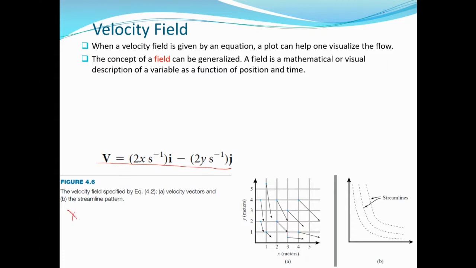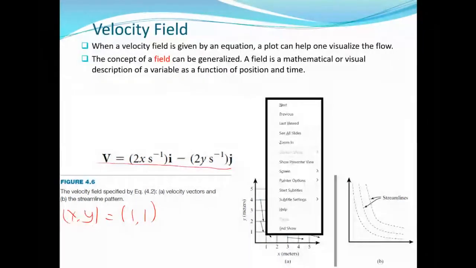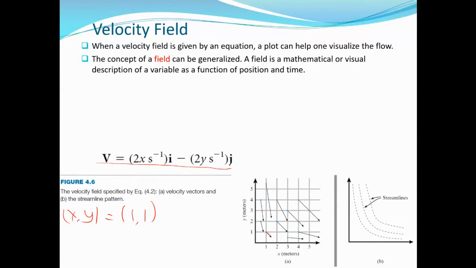For instance, you can take x and y to be 1, 1, and then substitute the value here. When you substitute the value, you can plot it at 1, 1. When you plot it, you will have this velocity vector here, with the direction.